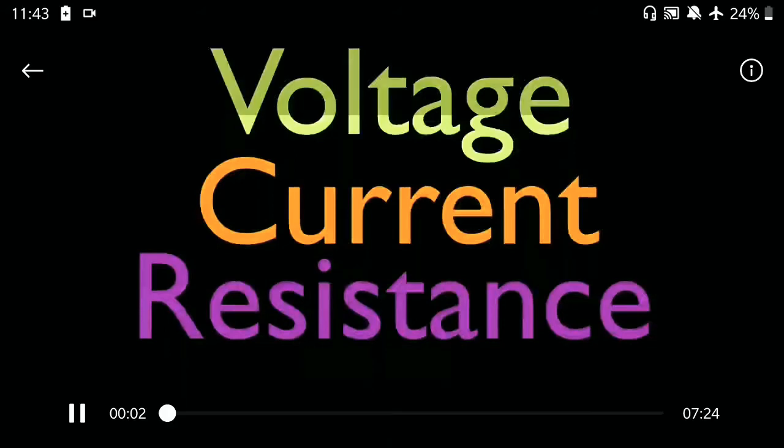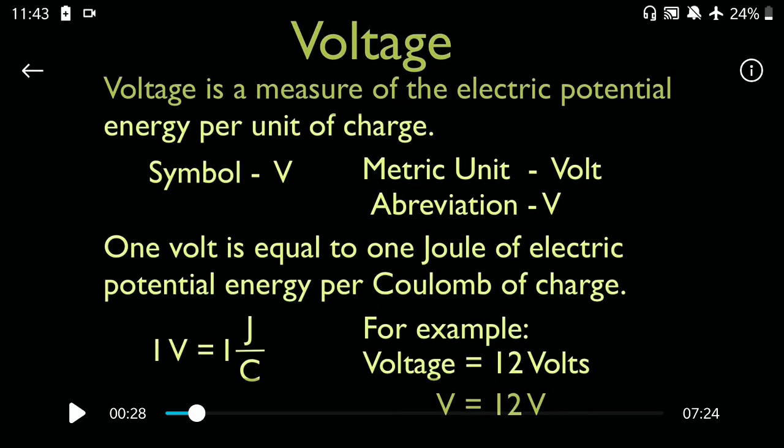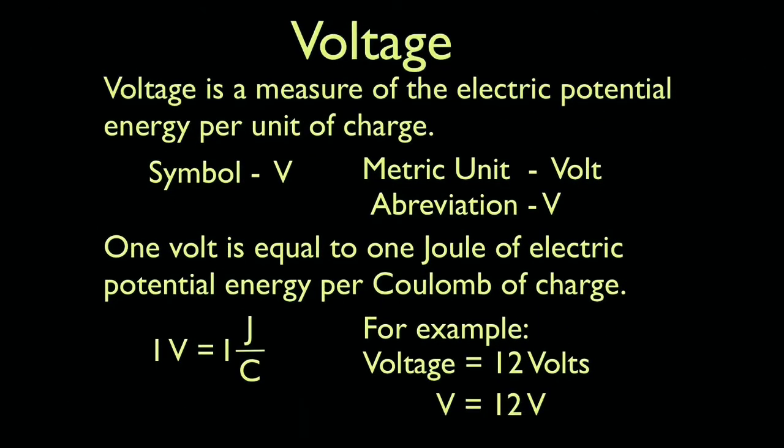The first one is voltage. Voltage is a measure of electrical potential energy per unit charge.